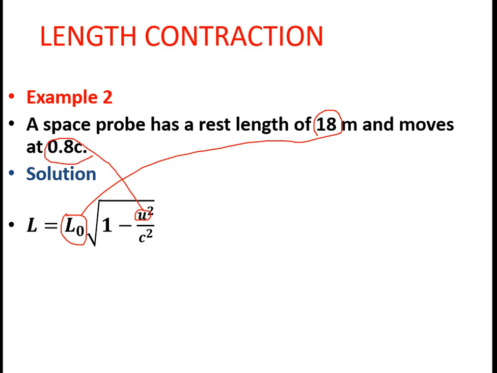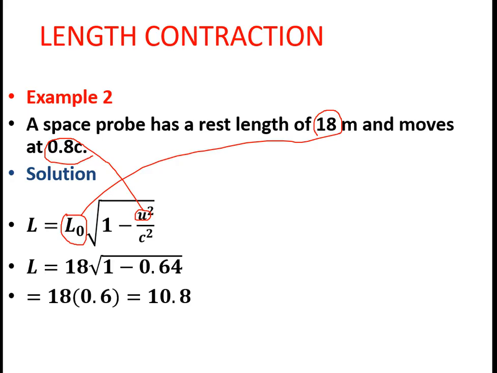When you simplify it, you will arrive at 10.8 meters. You see that there is a reduction in length from 18 meters to 10.8 meters as observed by the observer.